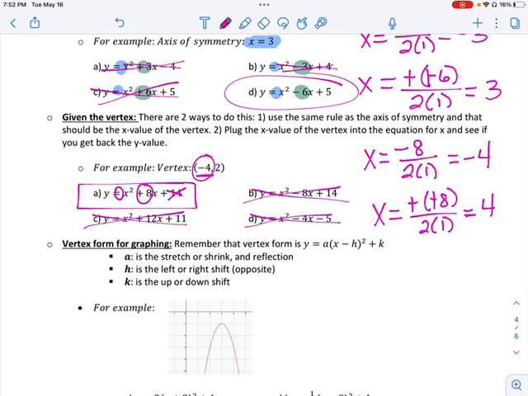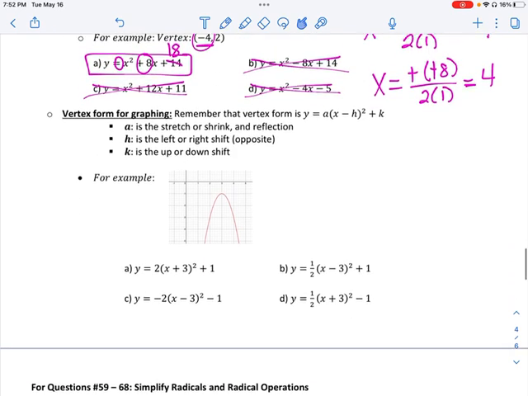That should be a positive 18 for my C value there to make that work. But that will work either way as well. All right, let's take a look at this next part.